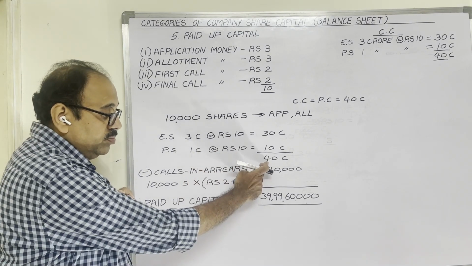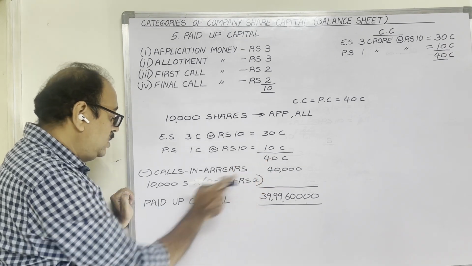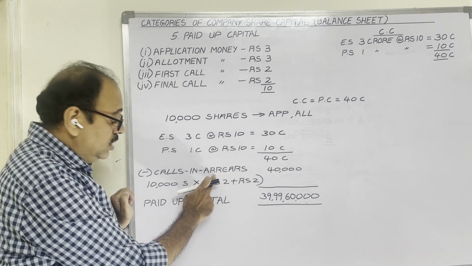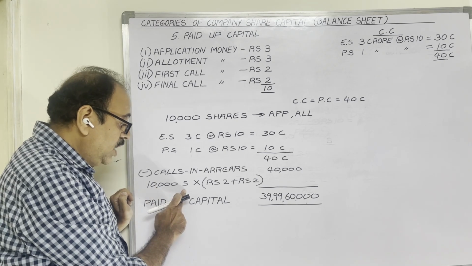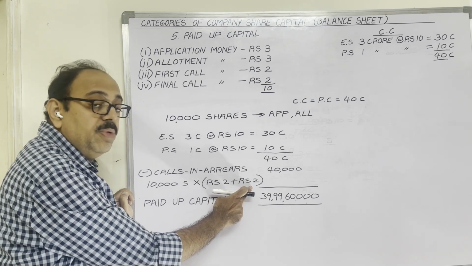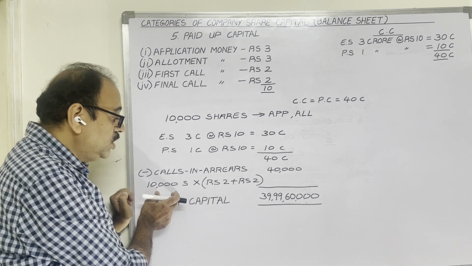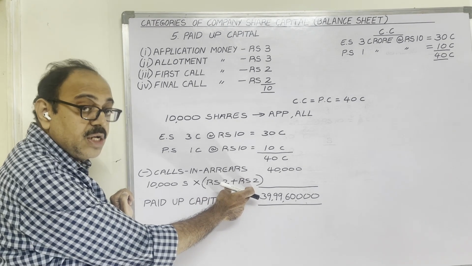Up to here you know. So called up capital is 40 crore rupees now, minus calls in arrears. 10,000 equity shares, 2 rupees first call amount, 2 rupees final call amount, total 4 rupees. So on 10,000 shares, 4 rupees per share.